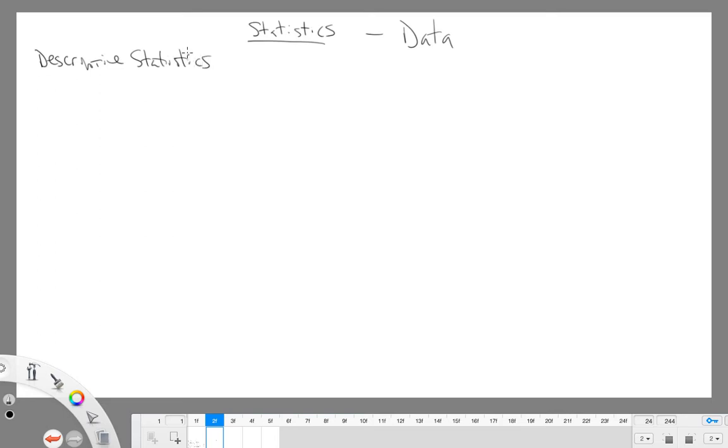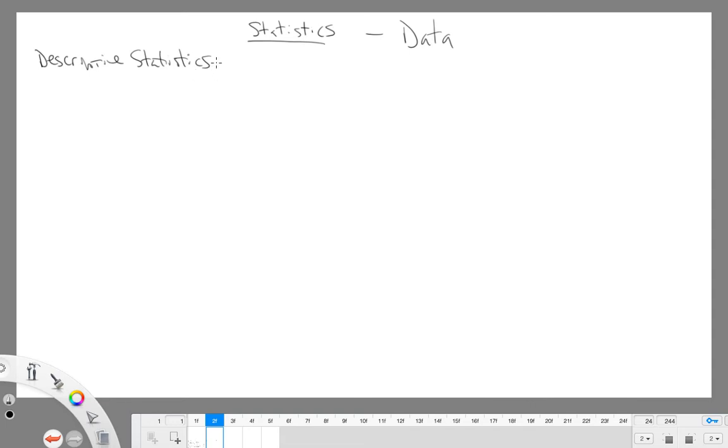And these descriptive statistics, these tools that we're going to use, are really to let us know what our data looks like, to get insights into our data. And while descriptive statistics may sound complicated, it's really not. It's stuff that you have used throughout your life already, or have seen throughout your life already.